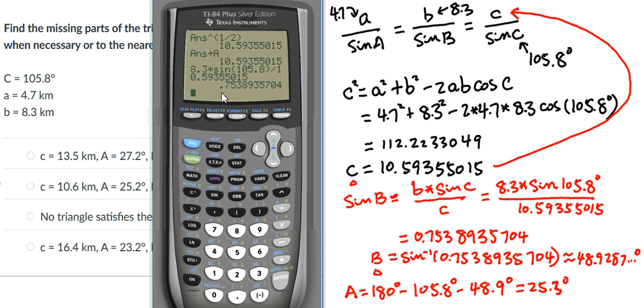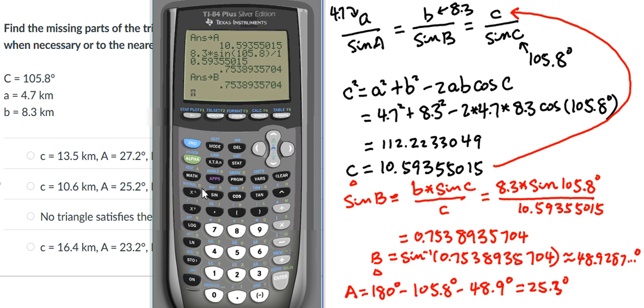We have 0.75389. That's sine B. Again, we want to store this one in memory B, so hit enter and it goes to memory B. And then we do sine inverse of this value.